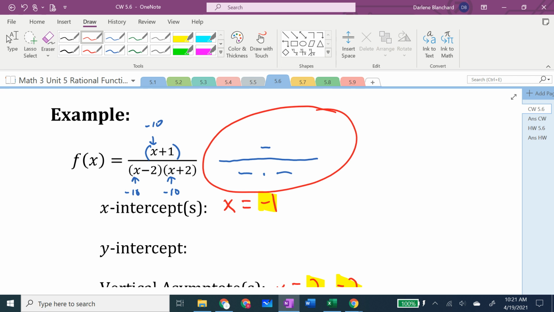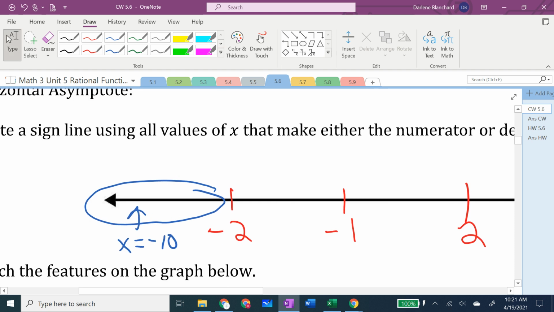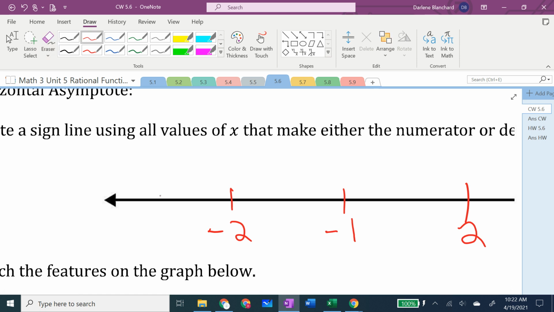You just need to know positive or negative. And the whole thing is negative. So when I come over here to my sign line, I'm going to put a negative in this space. And in a little bit, I'm going to tell you how we're going to transfer this information.